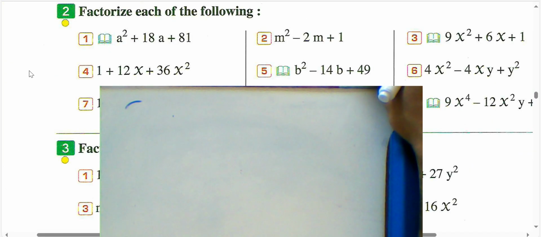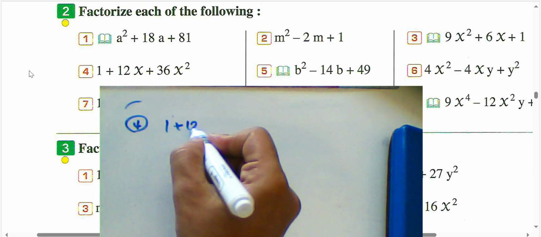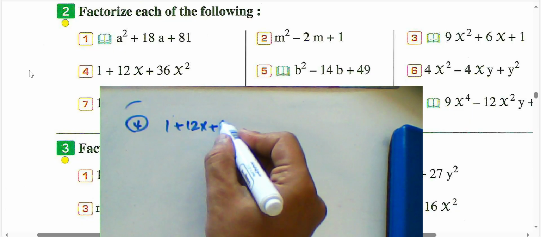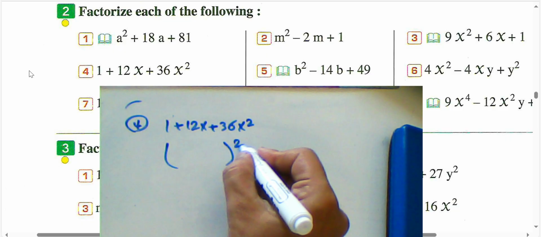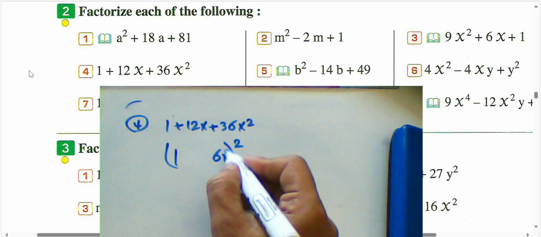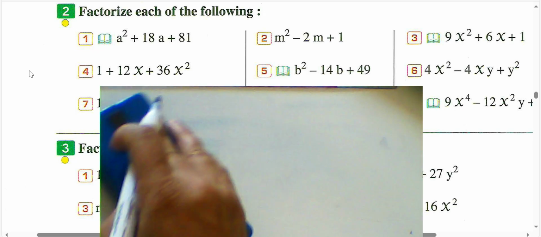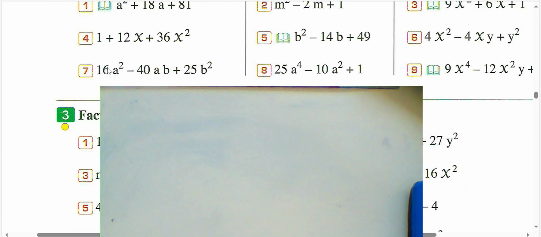Factorize each of the following. Number 4. We have 1 plus 12x plus 36, the square root of this expression. Perfect square. We can find the square root of the first and the third and the sign of the middle. Okay, next question.